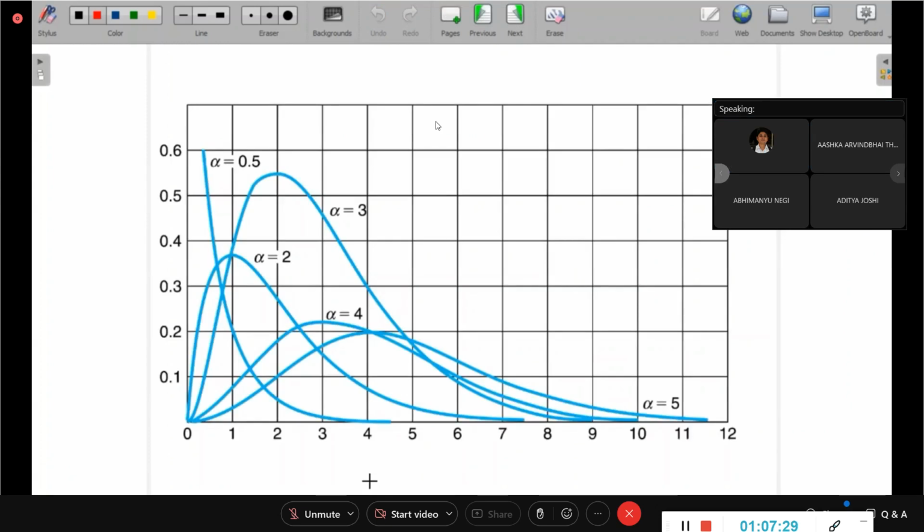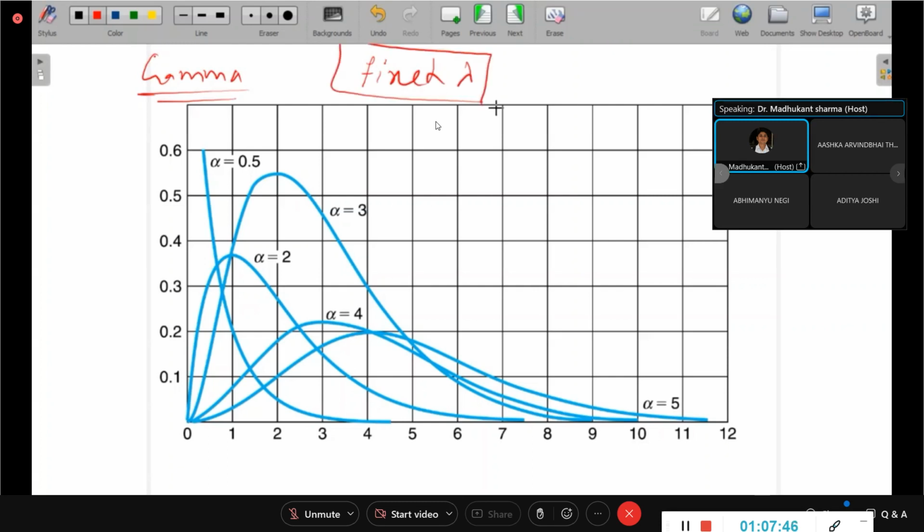Now this picture is for the gamma distribution, for a fixed lambda, with alpha varying. You can see alpha equals 0.5, this is the curve. Alpha equals 2, you have this curve.